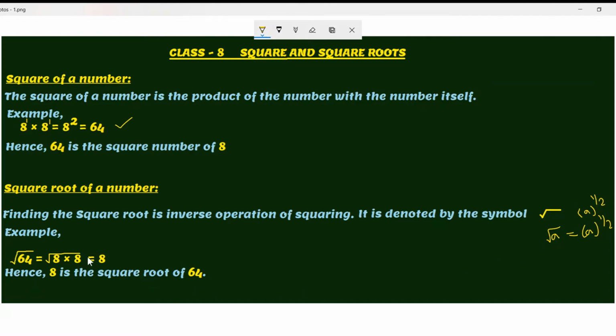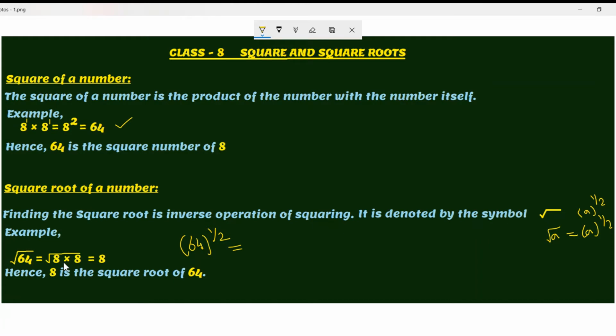Here, we need to find the square root of 64. So I have written root 64 here. Root 64 we can write as 64 the whole power half as well. So we need to find the square root.